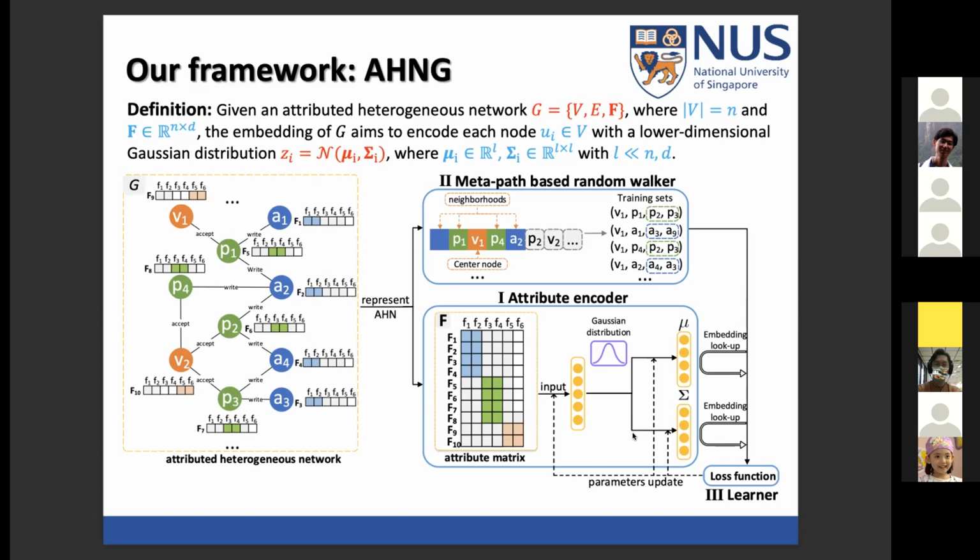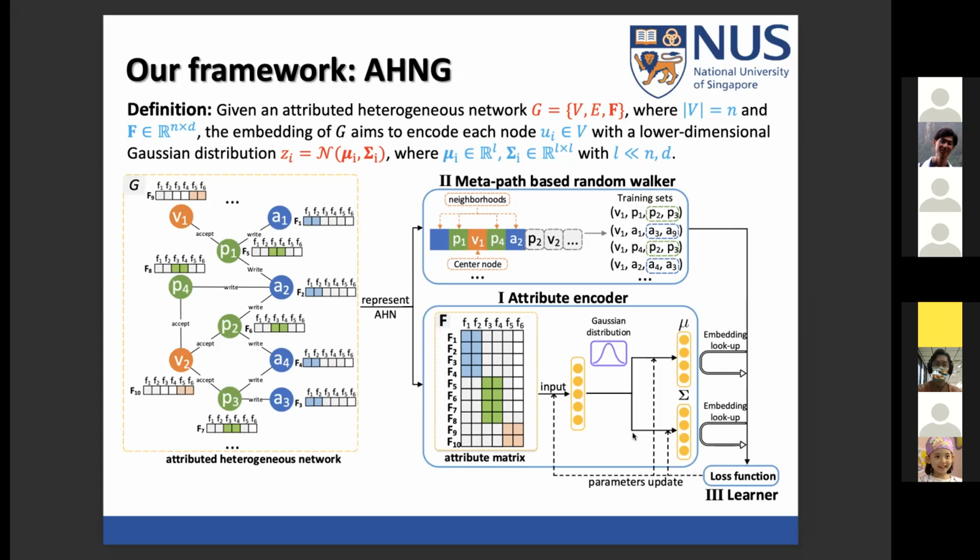Sorry, I lost uncertainty. I think the rule of thumb is that it's more like the idea of the variational autoencoder. I'm not sure if you are familiar with VAE. I know, yeah, you know, right? So the VAE is actually not learning a fixed embedding. It's basically learning a distribution, and based on the distribution, the decoder of the VAE can generate a lot of diversified pictures.